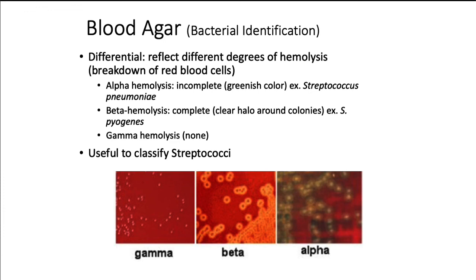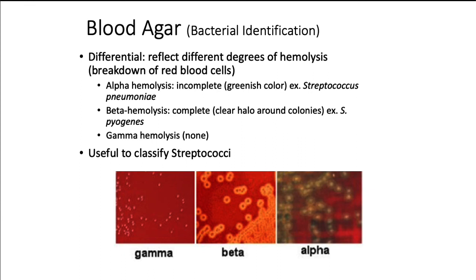And beta hemolysis is a complete degradation of the red blood cells, so you will see these clear halos around the colonies.